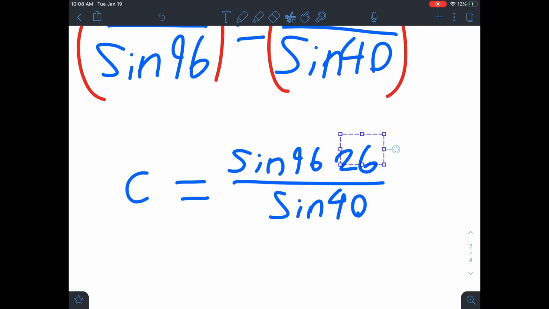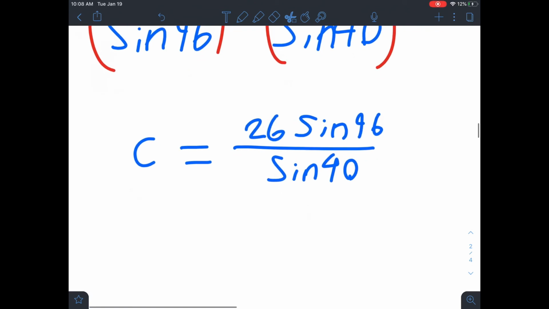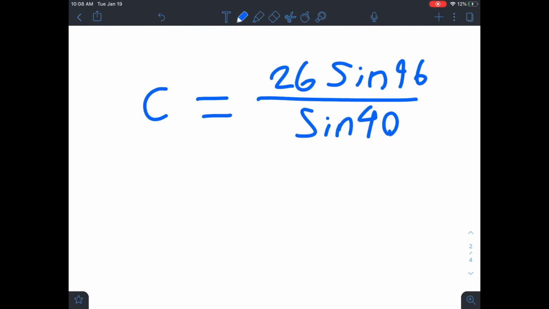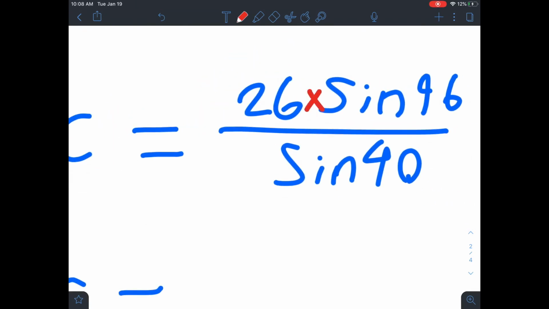Oh, I think these are actually backwards. Now, this is a very easy step to mess up on and get a completely wrong answer. So, do it slowly. So you want to do 26, or whatever number you get, 26 multiplied by 96, press sine, and then you have to press equals.